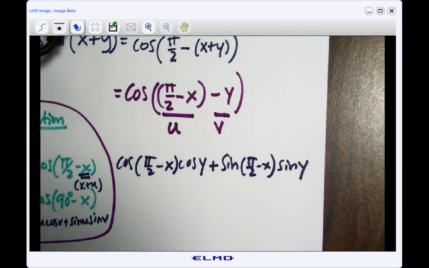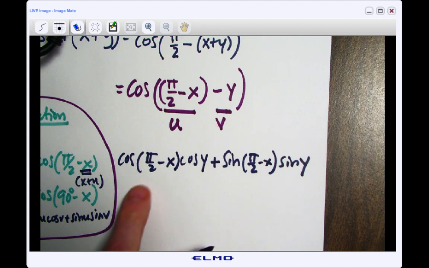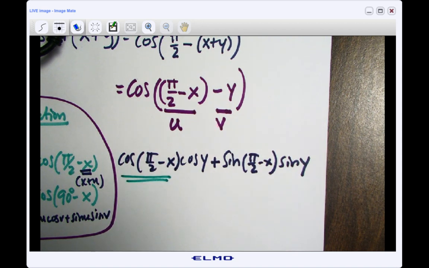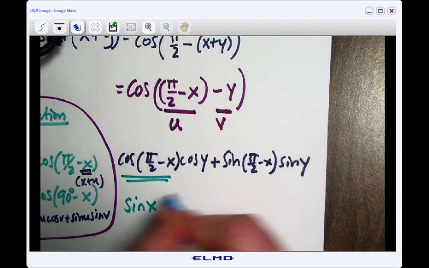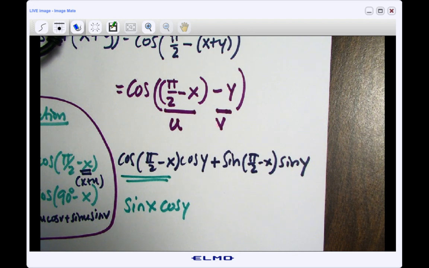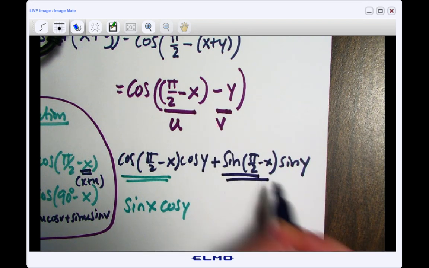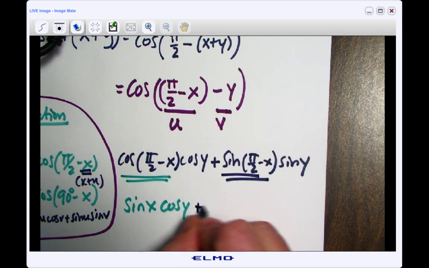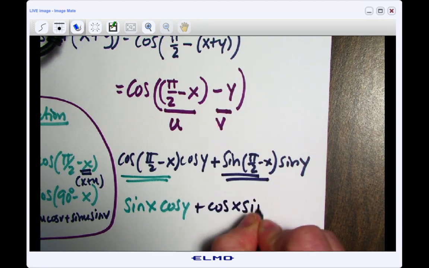So why did I change it to that? Well, of course, this one, using my cofunction identity, I know that he's actually just sine of x. So this one is sine x. He stays cosine y. And this one right here, we know that he is actually just cosine of x. So that would be plus cosine of x sine y.